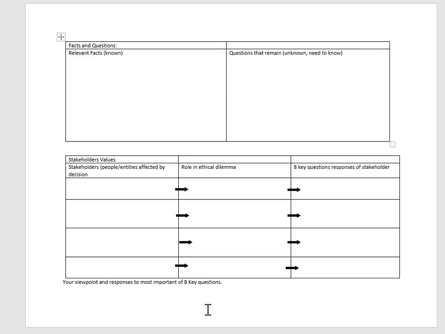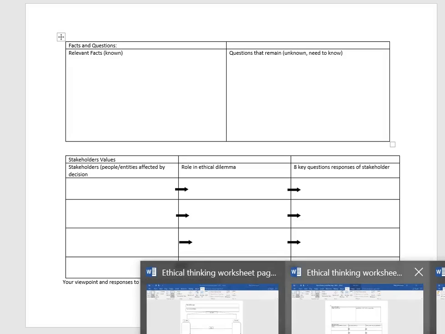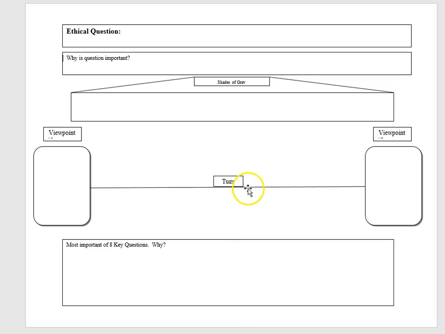By thinking about other people and other stakeholders and looking at the facts, it may influence your viewpoints or responses to those 8 key questions. So if we go back to the front page, the one thing that we haven't talked about are the tugs.